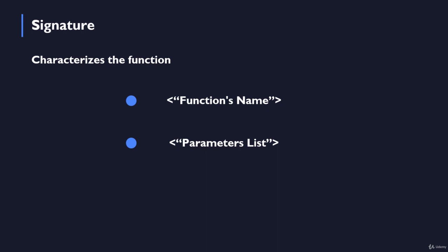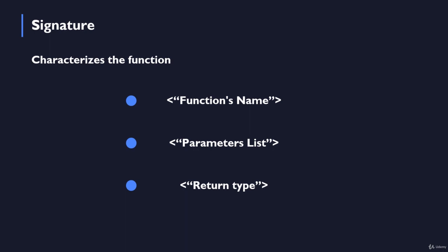We will talk about that. And we also said that the function may return something. So basically the signature will also specify what the returned type of any given function will be. It will simply say what type of data the function is expected to return.